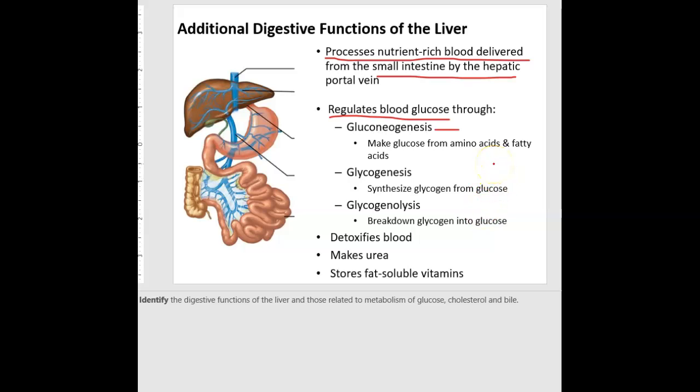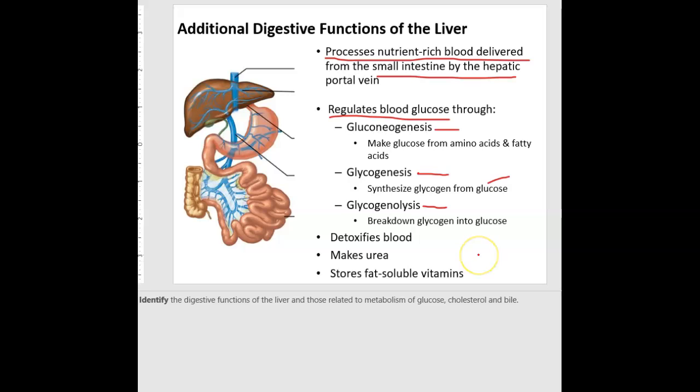It can make glucose from amino acids and fatty acids. It also performs glycogenesis, and that is the synthesis of glycogen, which happens when we have excess blood glucose. And the liver can also perform glycogen breakdown or glycogenolysis, and that will produce some glucose when our blood glucose is low, like between meals.